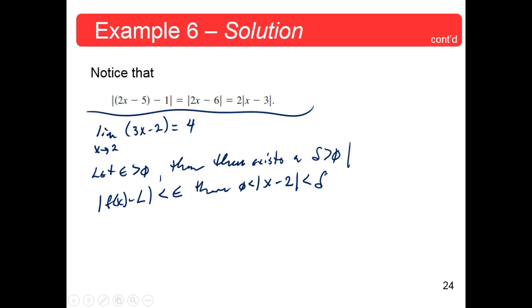Okay, if you can find that delta in terms of those epsilon, you got it knocked.